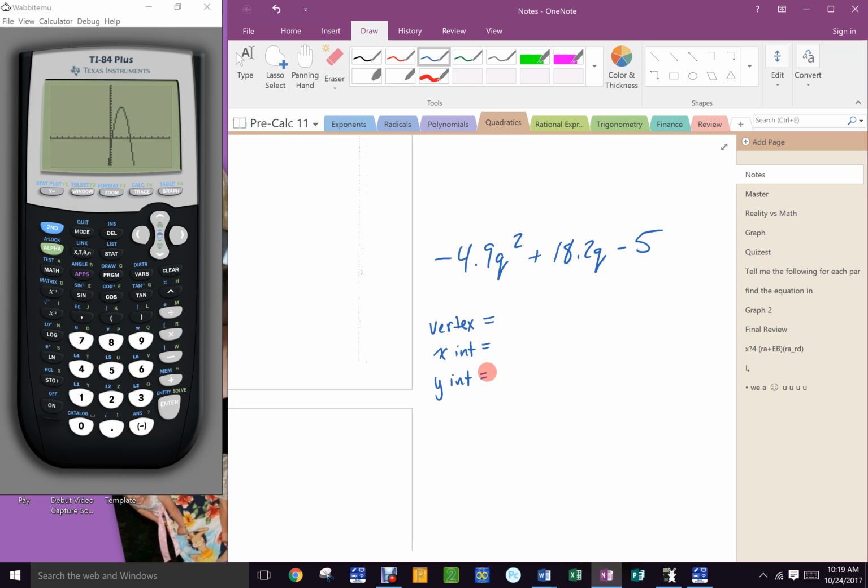Everybody make sure you write down the vertex, the X-intercept, and the Y-intercept. And then I'll show you and you can feel good about yourselves, or you can say, Mr. Myers, I still don't get it.